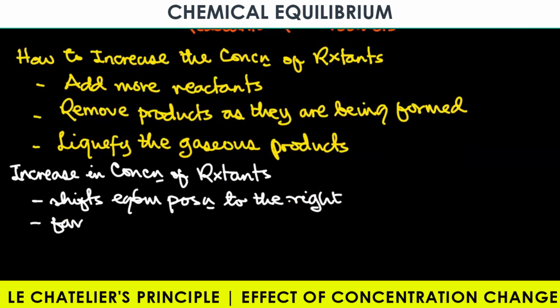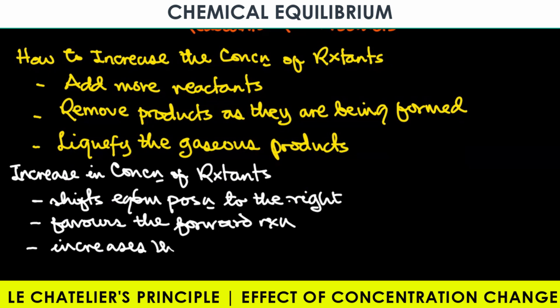Favors the forward reaction. And does what? Increases the yield of the product. Remember, anything that favors the forward reaction will always increase the yield of the product. And the decrease in concentration of the reactants will be the opposite of this.